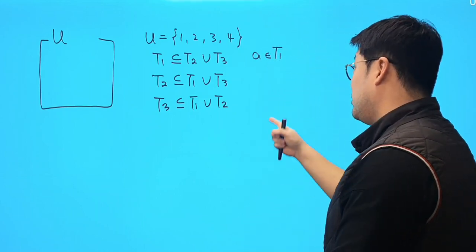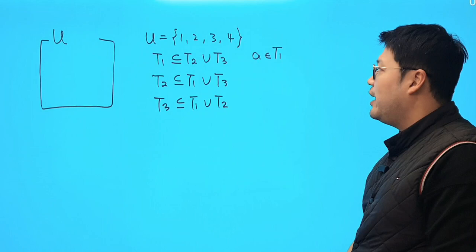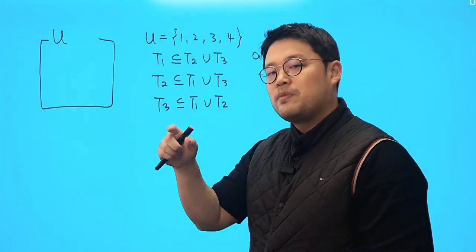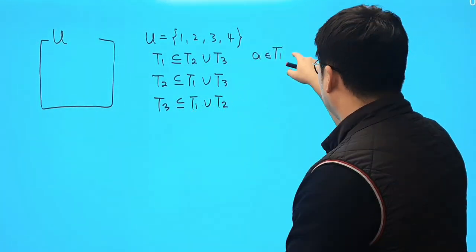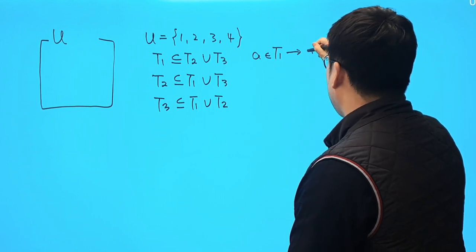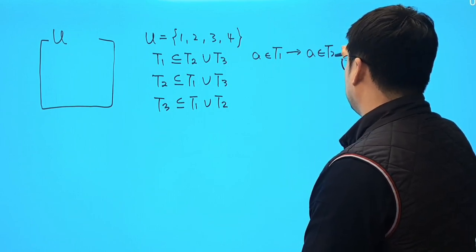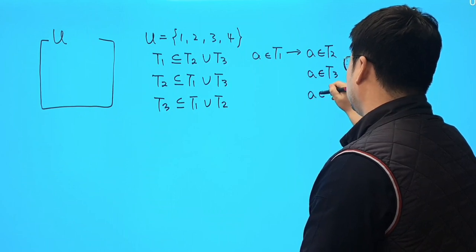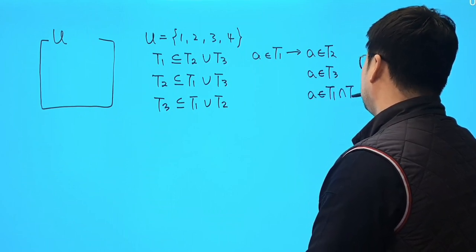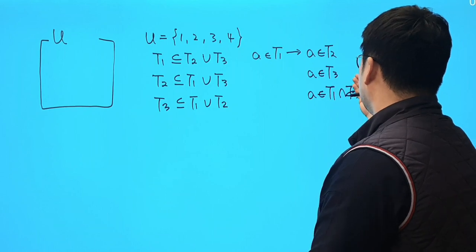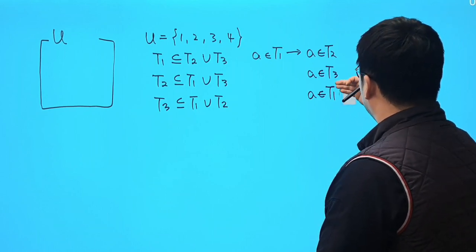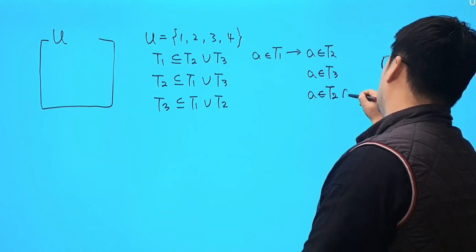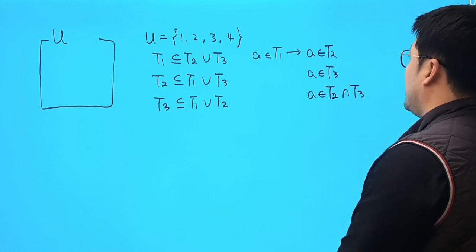Without loss of generality, we're going to assume that it's inside T1, and if it stays right there, this implies that A stays in either T2, or maybe A stays in T3, or maybe A stays in T2 and T3 at the same time.